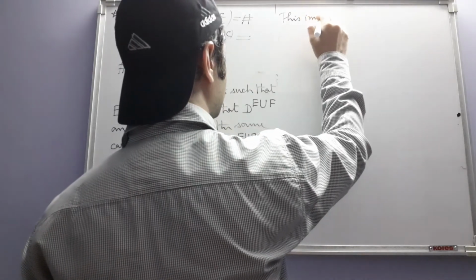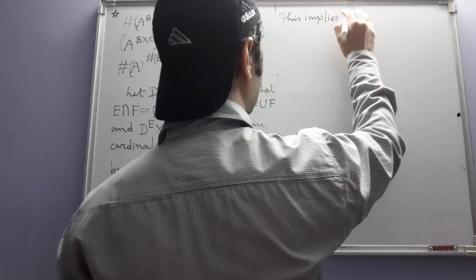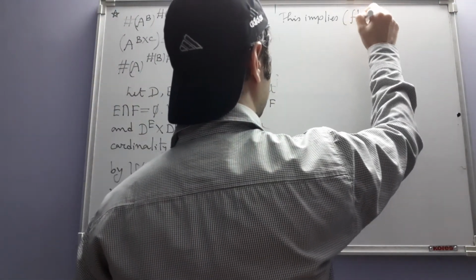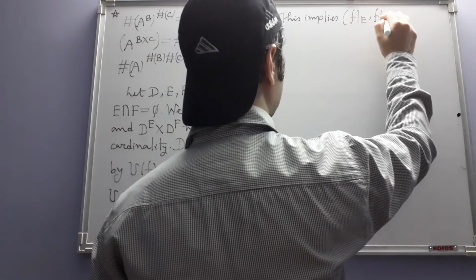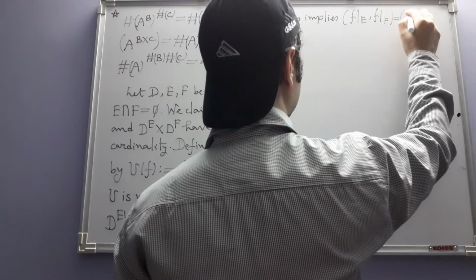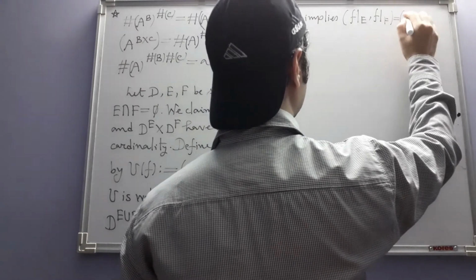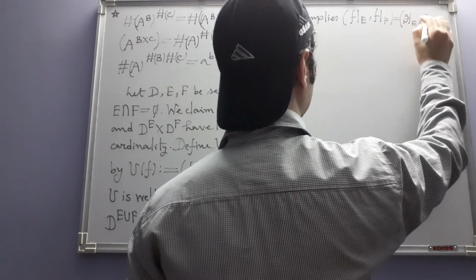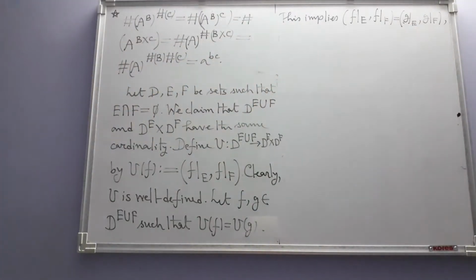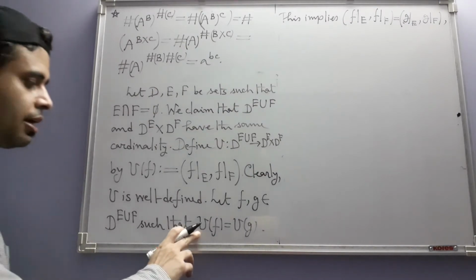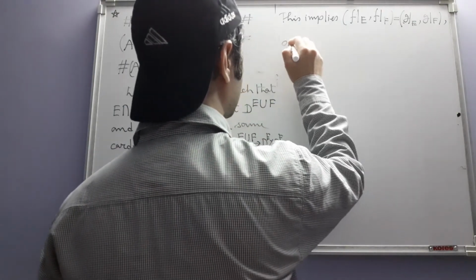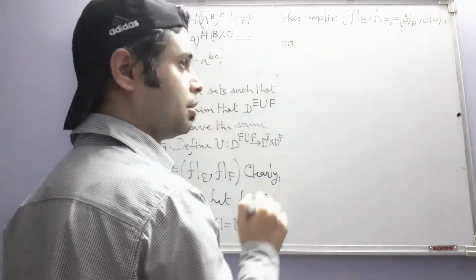This implies what? The restriction of f to E, comma, restriction of f to f equals the restriction of g to E, comma, restriction of g to f. We have simply applied the definition of u, so the corresponding components will be equal.